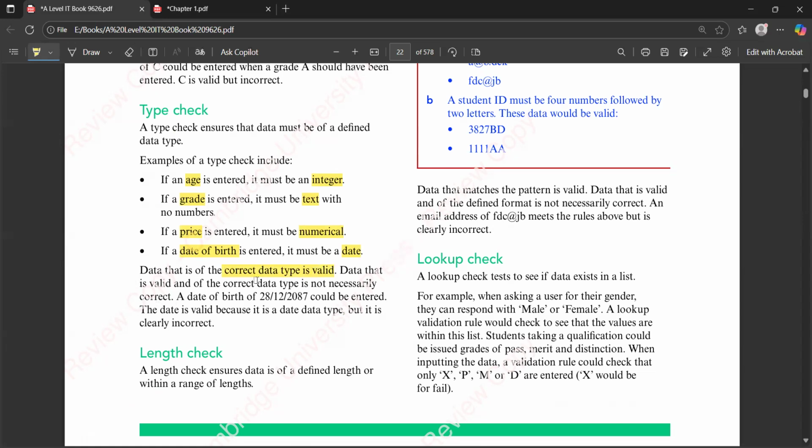But data that is valid and of the correct data type is not necessarily correct. A date of birth could be entered that is a date type, so it is valid, but it could still be wrong. Any confusion in this? No.